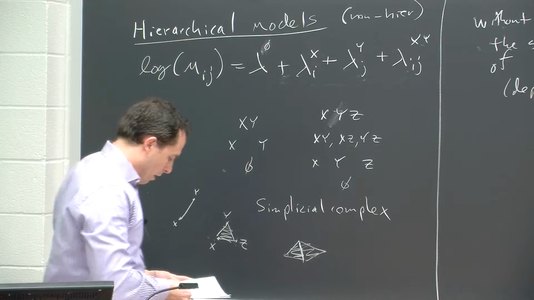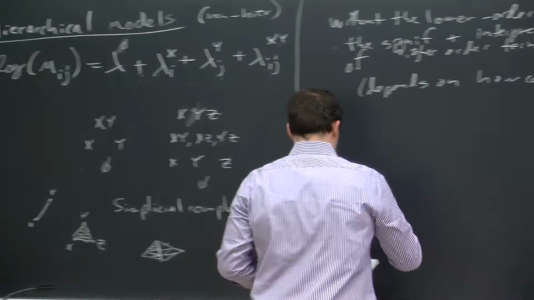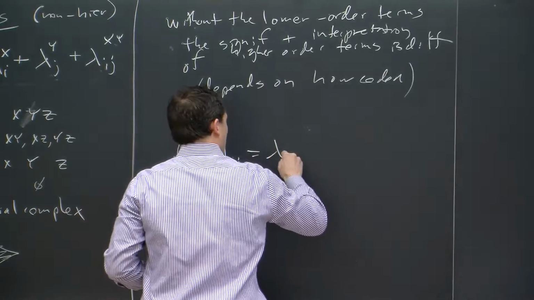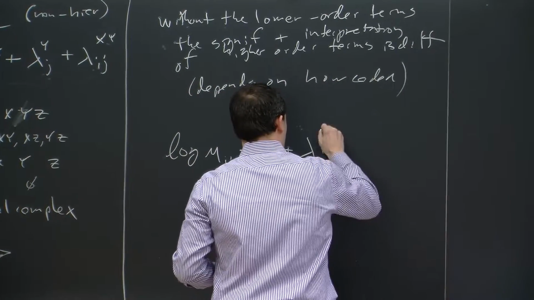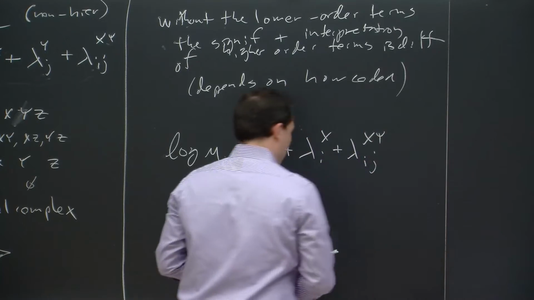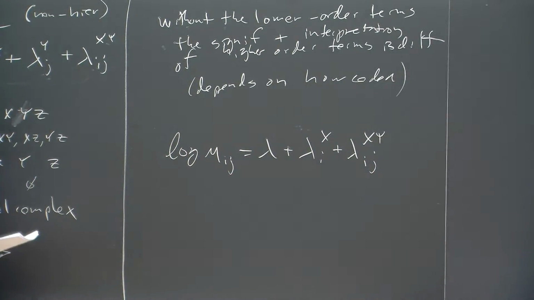So if we said log u_ij is lambda plus lambda_i^x plus lambda_ij^xy, we're missing the lambda that corresponds to y and controls that marginal.